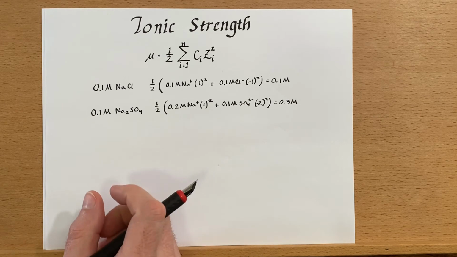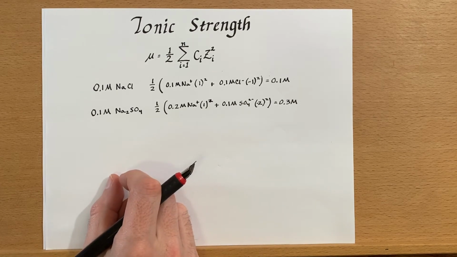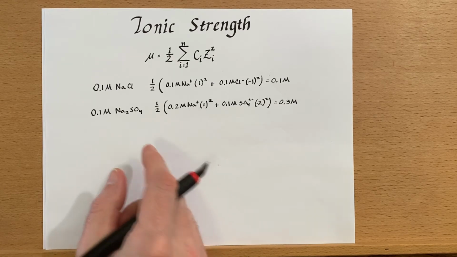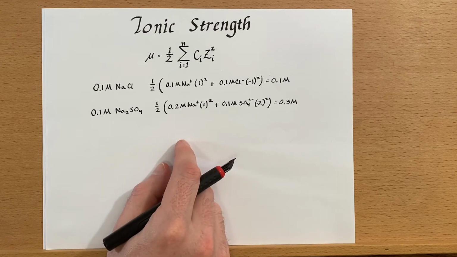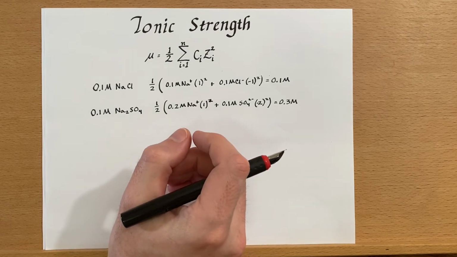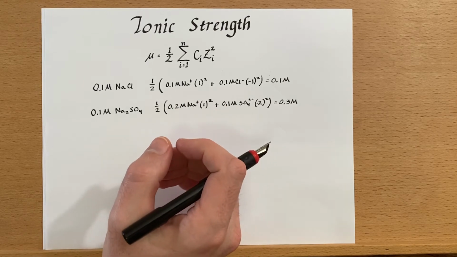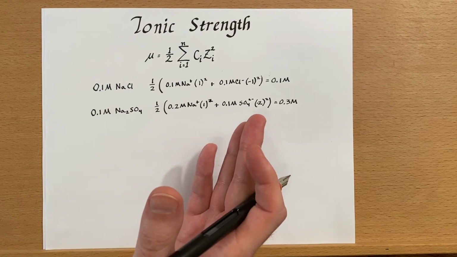The reason for that is it's more likely for it to form ion pairs. That is, basically, you will have magnesium sulfate and the 2 ions will be attached to each other in solution, at least some of them will. Not all of them will break apart easily just because of the increased attraction.